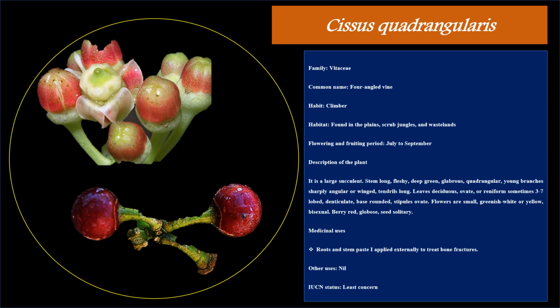Other uses till now are nil, or maybe I may not know about them, but if you know about this you can comment in the comment section. Then, its IUCN status is least concern.